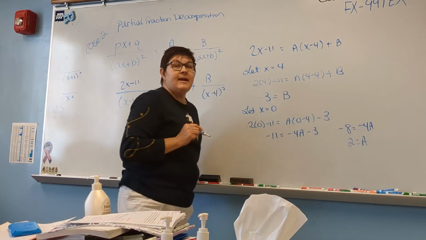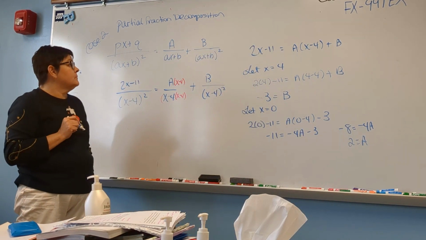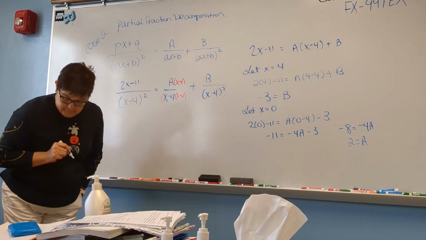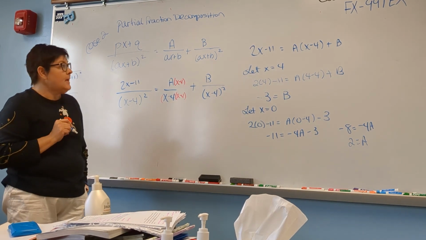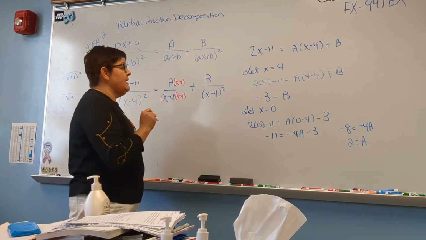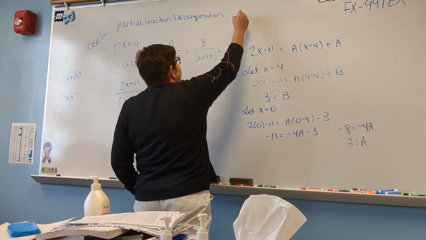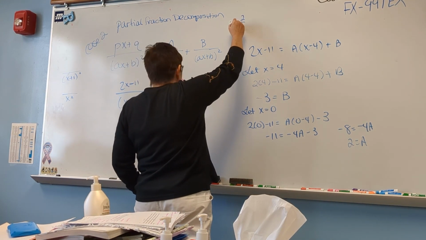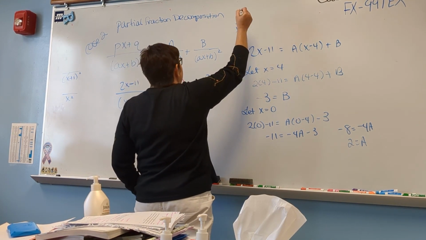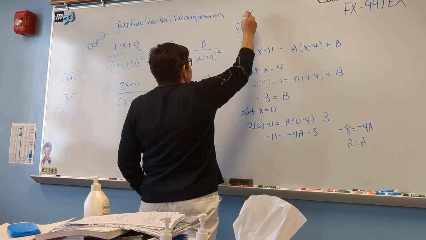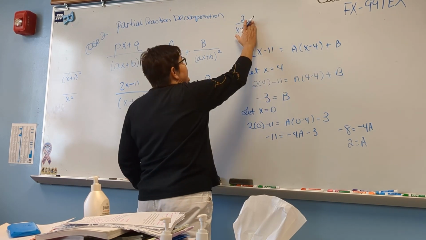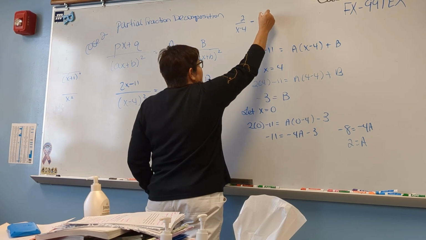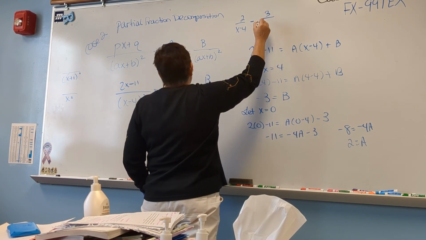Did you get 2 as A? And so rewriting it, I would have 2 over x minus 4, and then I have a minus 3 there, so minus 3 over x minus 4 squared.